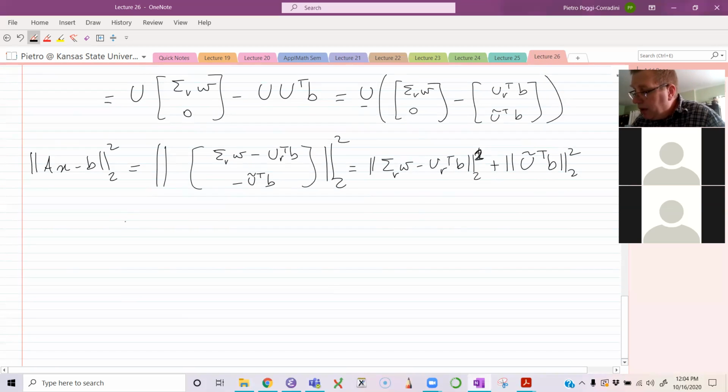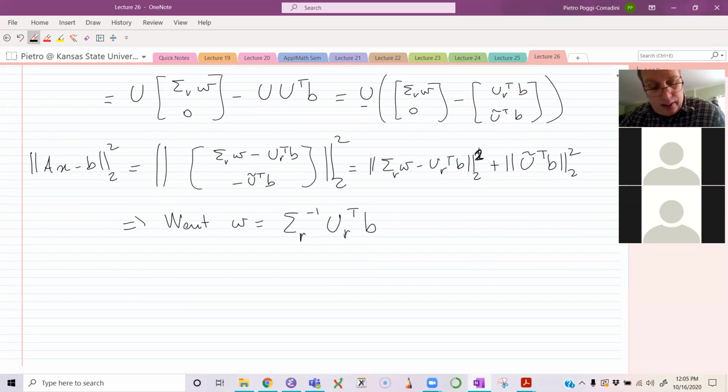And so what we want is W to be sigma_R inverse U_R transpose b. Sigma_R is invertible because it's diagonal, R by R, with non-zero diagonal entries. All right.